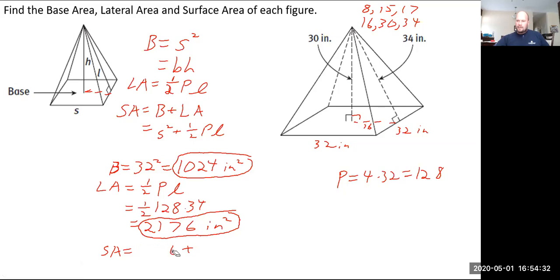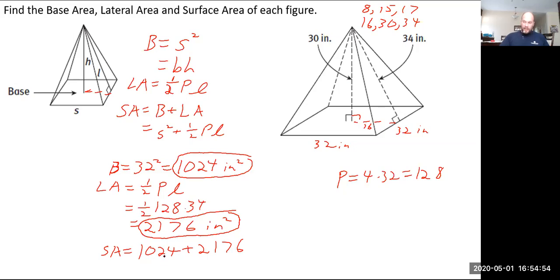Let's reverse this. I don't want anybody to get confused here. So base area, 1,024 plus the lateral area, 2,176. Again, it doesn't matter what order you add them in, but for the purpose of notes, it's good to follow the same order as the equations I've been showing.